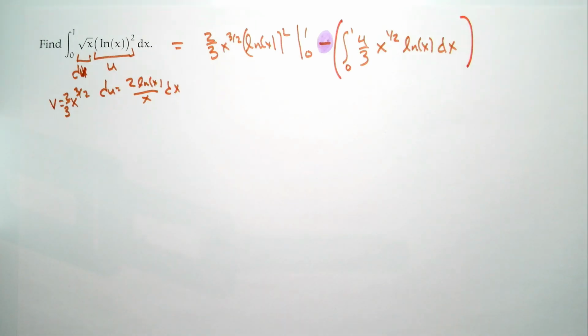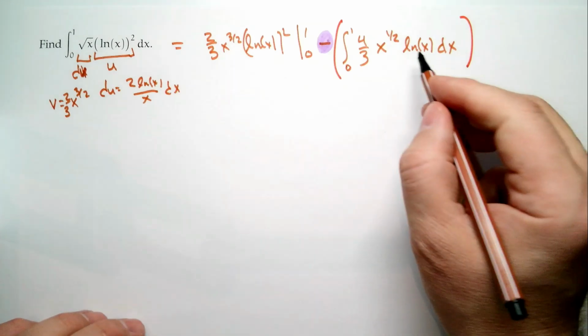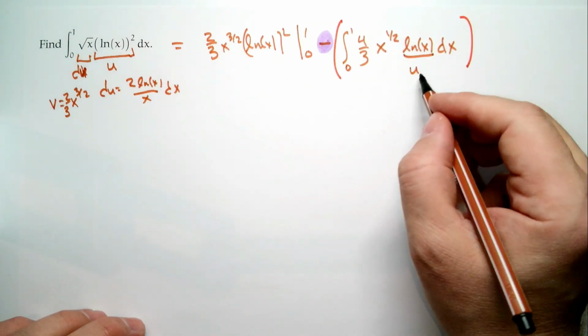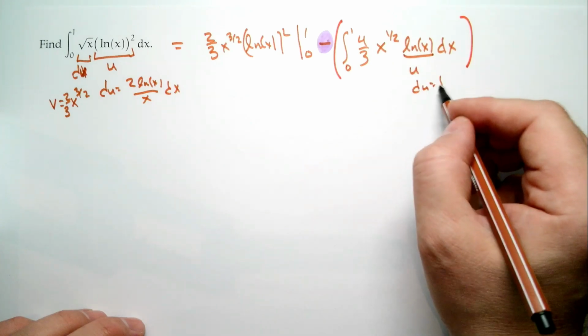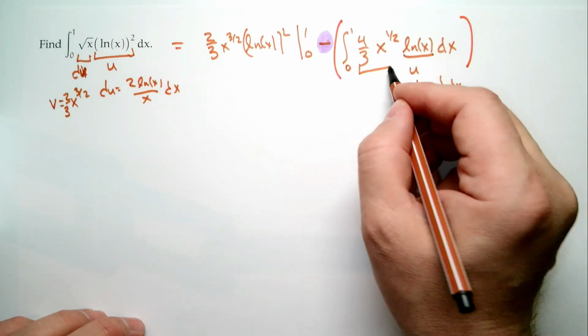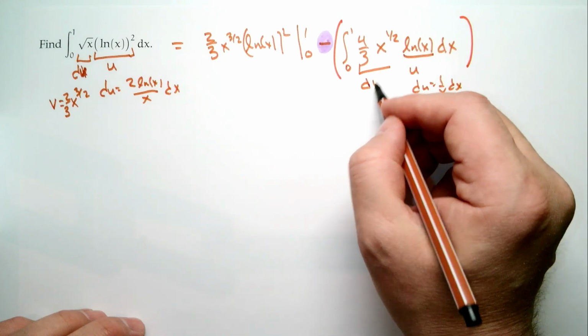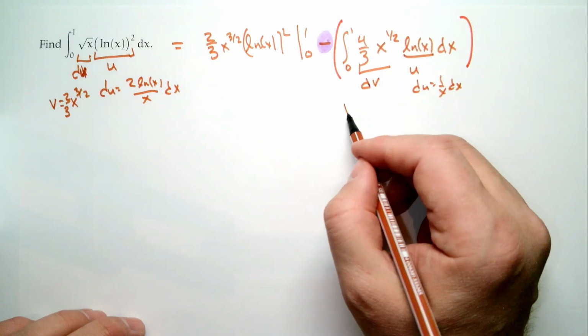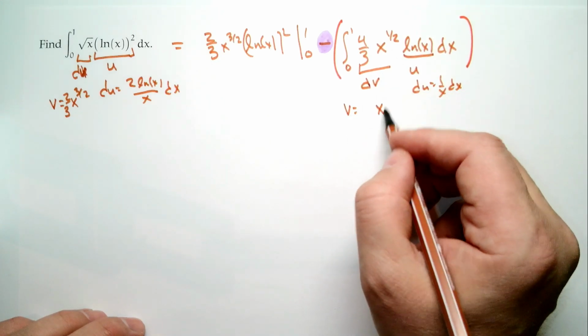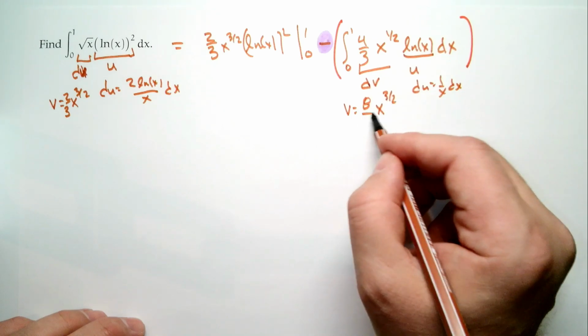And so when you go through and you do integration by parts again, this would be our u, so du is 1 over x dx. This will be our dv, and then we get that v, well, that's x to the 3/2 times 8/9.